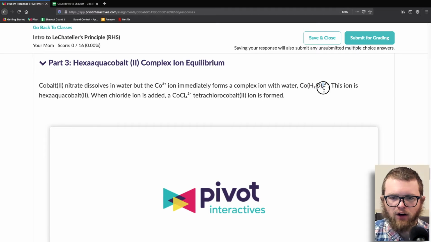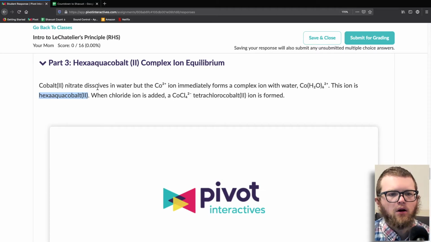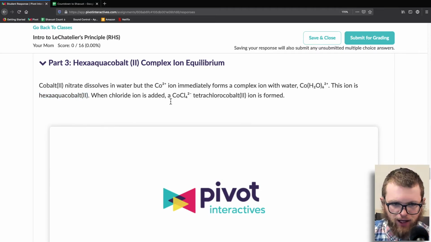Here's water, and there is 6 of them. Hooray! And then cobalt-2, well, hey, here's the cobalt, Co, and it's made from the cobalt-2 plus ion, therefore hexaaquacobalt-2. Isn't language fun? When chloride ion is added, a CoCl4 2 minus, or tetrachloro, hey, 4 chlorines is tetrachloro, cobalt-2 ion is formed. Great.